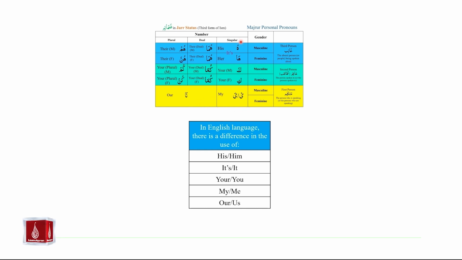These are all majrur personal pronouns. These are all attached personal pronouns. We first studied the use of these attached personal pronouns as mudaf ilay in murakkab izafi. And now we are studying the use of these attached personal pronouns in murakkab jari after harf jar.